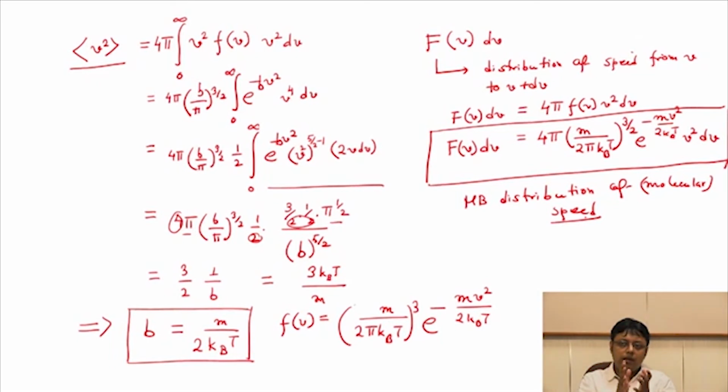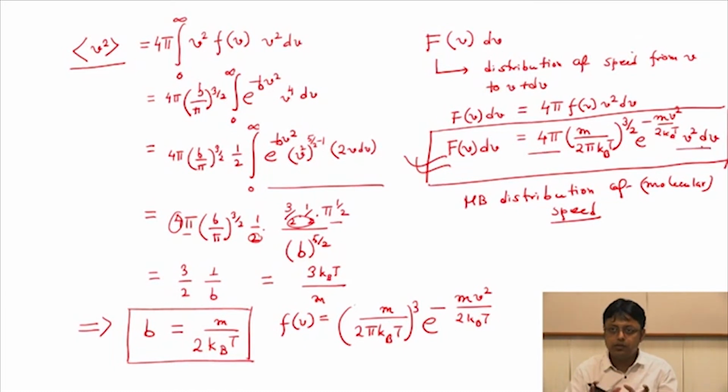But we said that we better get a distribution function where we are integrating it over all the direction, and all we are getting is basically the final Maxwell-Boltzmann distribution, where the directional independence is already taken care of. We have already multiplied it by 4 pi v squared into dv.